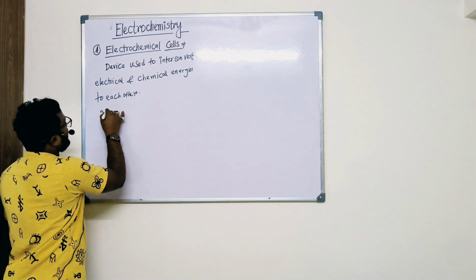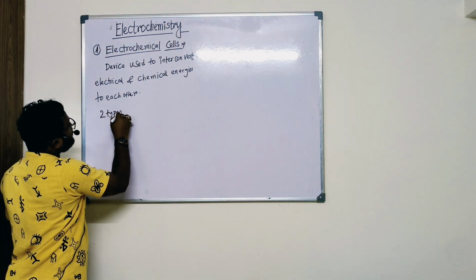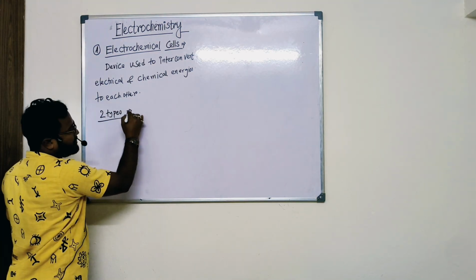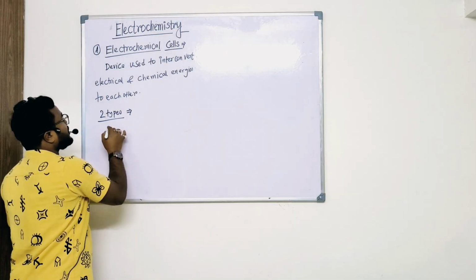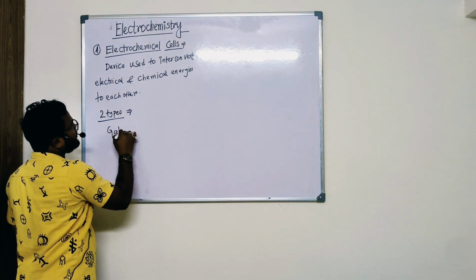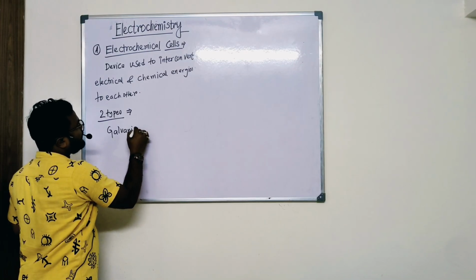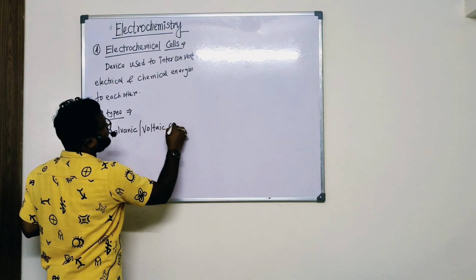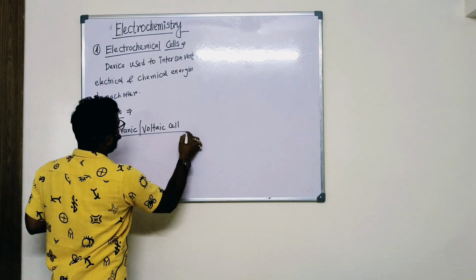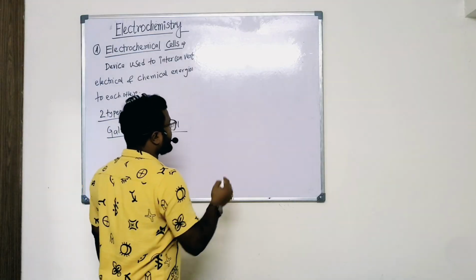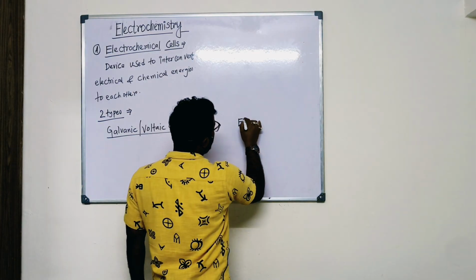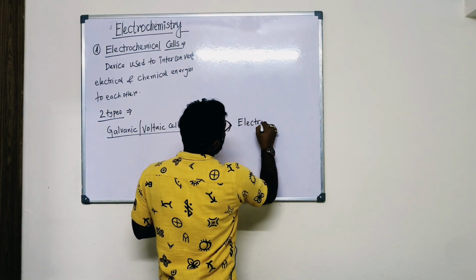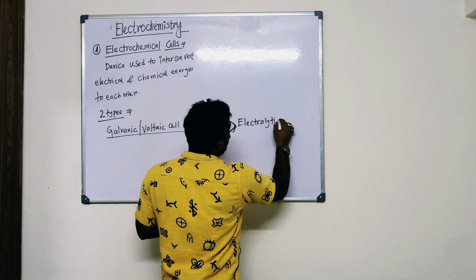Basically, two types of electrochemical cell are observed. First part is considered as galvanic or voltaic cell, and second part is considered as electrolytic cell.